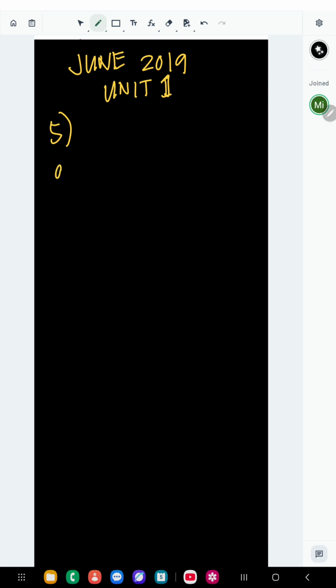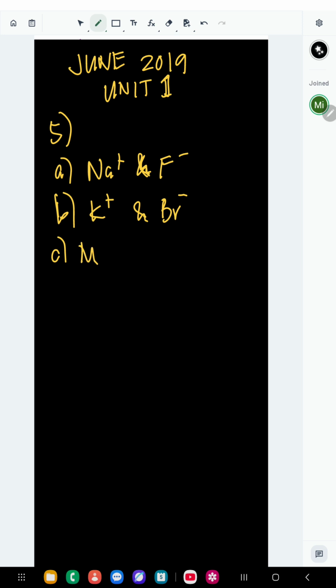So we have sodium ion and fluoride, and then we have potassium and bromide, and then magnesium and oxygen, then calcium and sulfur.